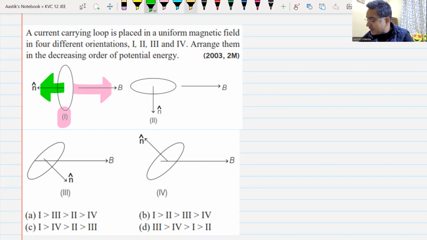Therefore, in this case, the energy would be maximum. Yes or no? In case number 2, the magnetic field is still like this, but the area vector of the loop has gone here. The angle is 0. Sorry, the angle is 90. So the potential energy in this case would be 0.